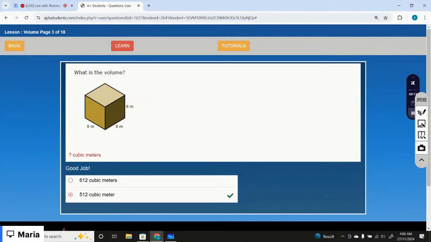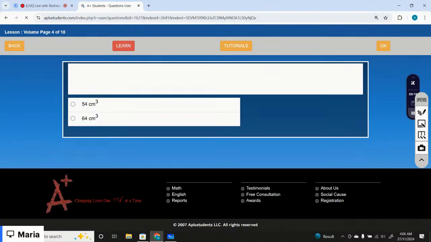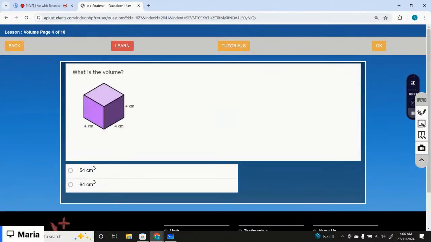Option number 2 is the correct option. What is the volume? Which is the correct option? The volume of the cube is length times width times height.